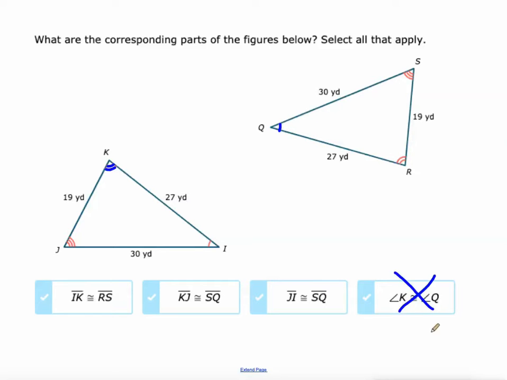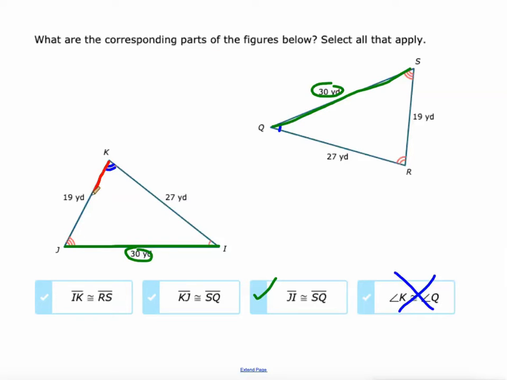So those are not congruent to each other. They're not corresponding. We'll keep working backwards here. Segment JI, which has a length of 30 yards, and SQ, which has a length of 30 yards. Yep, those are corresponding.